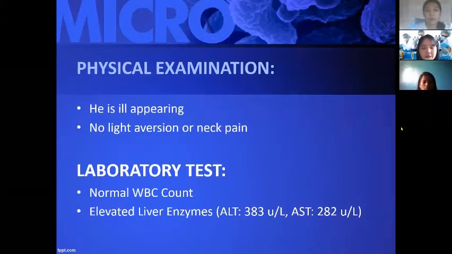For the physical examination, he is ill appearing with dry mucous membranes, but there is no light aversion or neck pain.